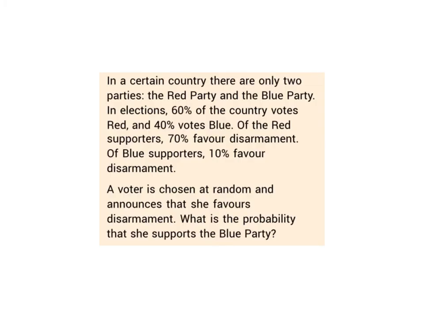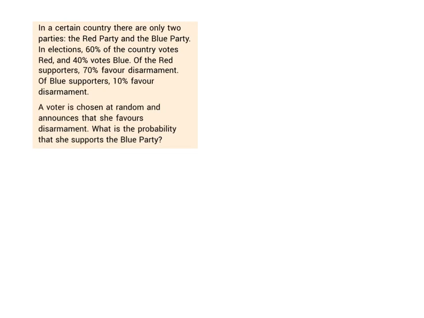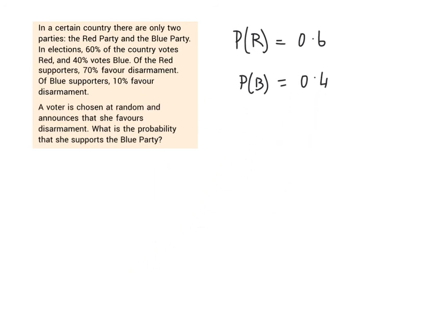Okay, and so one final example for us. It says in a certain country there's only 2 parties, the Red Party and the Blue Party. In elections, 60% of the votes was red, so P of R is equal to 0.6, and P of blue is 1 minus 0.6, or if I continue reading, 40%, which is 0.4. Now, of the red supporters, 70% favour disarmament, and of blue supporters 10%.